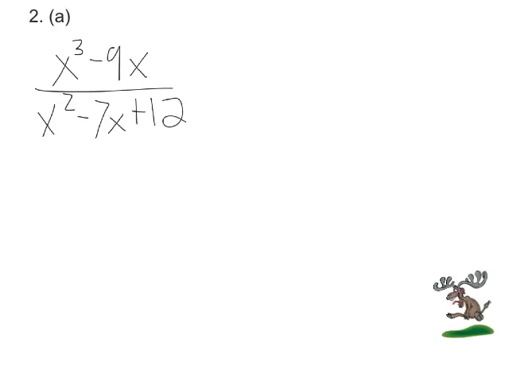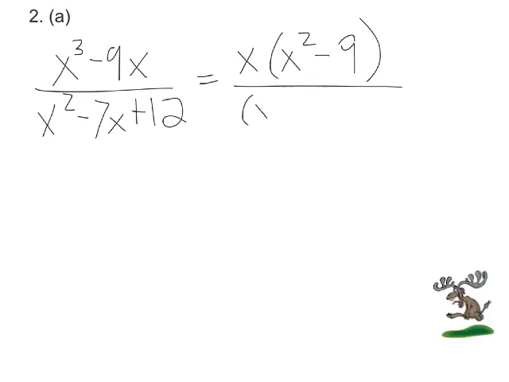And it looks again like we have a polynomial over a polynomial. So very quickly we can go about factoring out the x in the numerator, and we get x squared minus 9. And in the denominator, factoring that out, we can get x minus 4 times x minus 3. So a little bit of that factoring coming back to us.